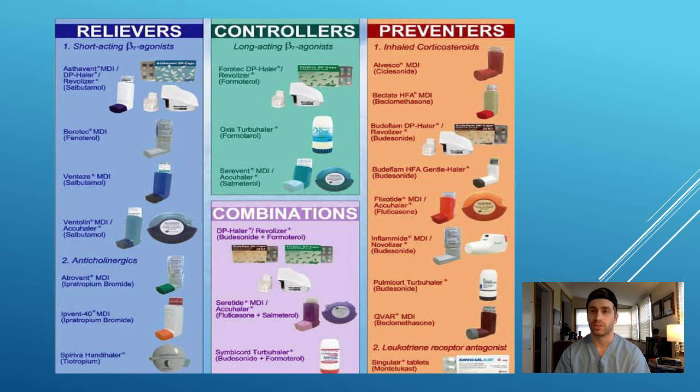If they have extreme asthma, they might take a steroid pill instead, which is stronger. And then you'll have other controllers like long-acting, and combinations of short-acting and long-acting, or steroids and long-acting. So those are the different inhalers that you could see.